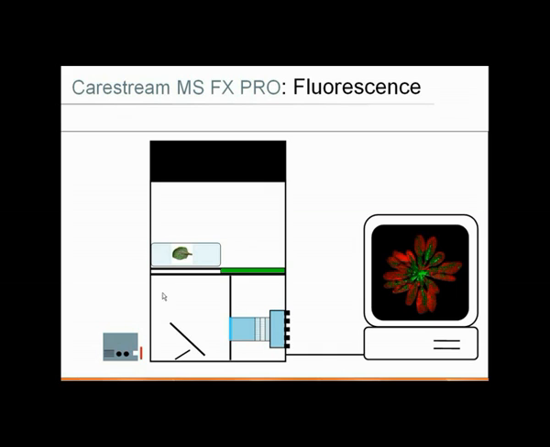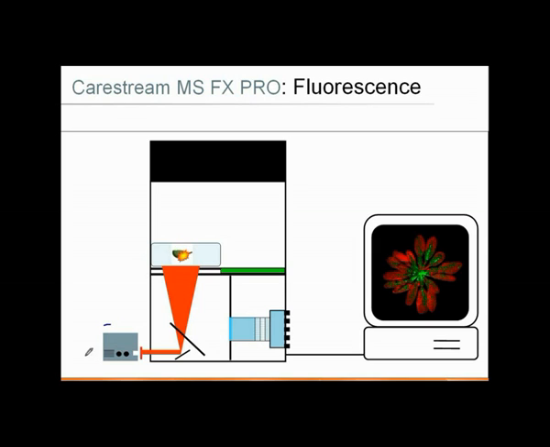So let's take a look at how the system works. Over to the left here, you have a 400-watt xenon illuminator. That then emits light through an emission filter wheel. In the MSFX Pro, you have a 29 position filter wheel, 28 of which have very narrow bandpass filters.